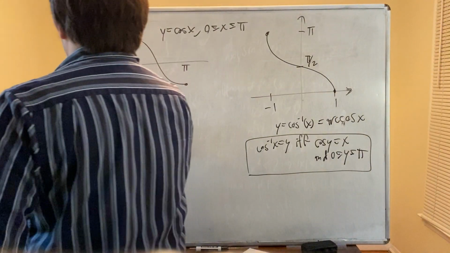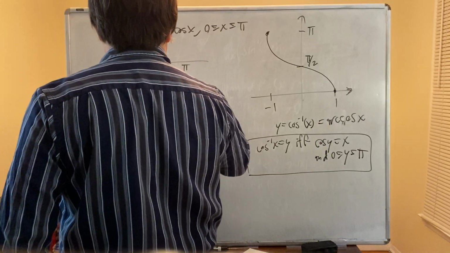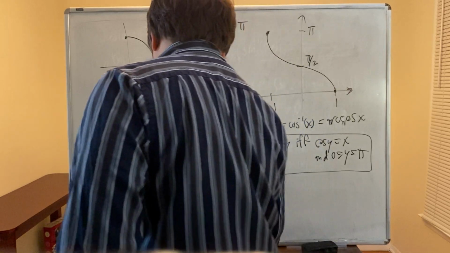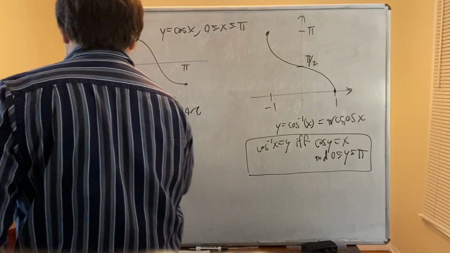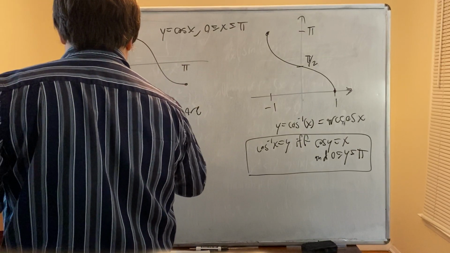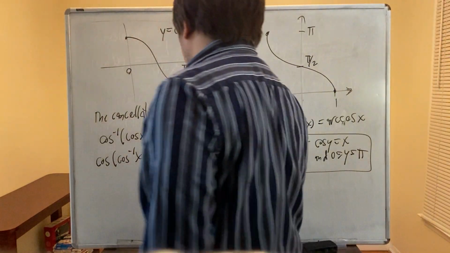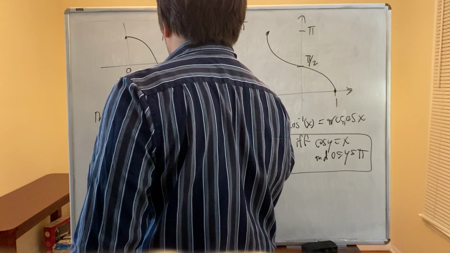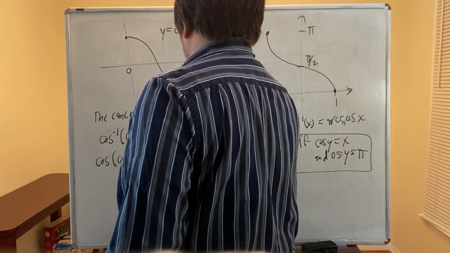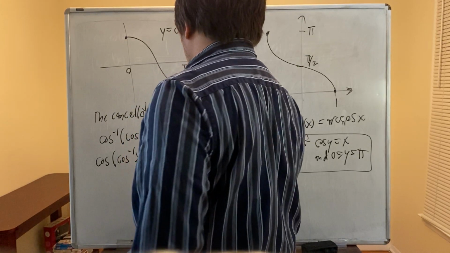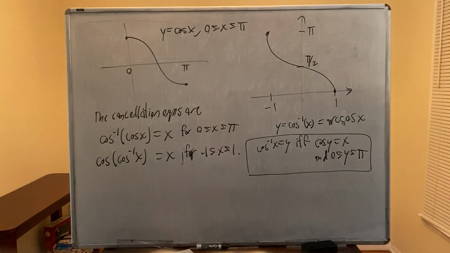So the cancellation equations are cosine inverse of cosine x equals x, and cosine of cosine inverse x is equal to x. The first is for 0 less than or equal to x less than or equal to pi, and the second is for -1 less than or equal to x less than or equal to 1.